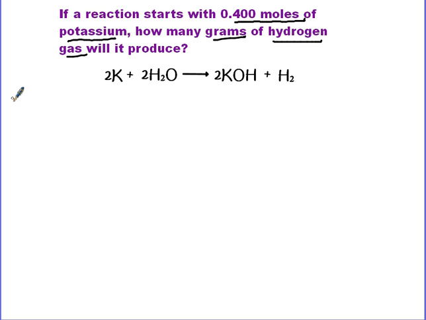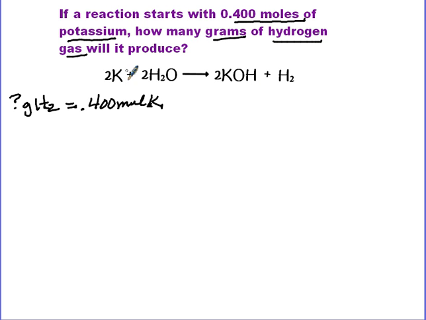So starting with my question mark format here, I'm looking for how many grams of hydrogen gas is equal to the use of 0.4 moles of potassium.